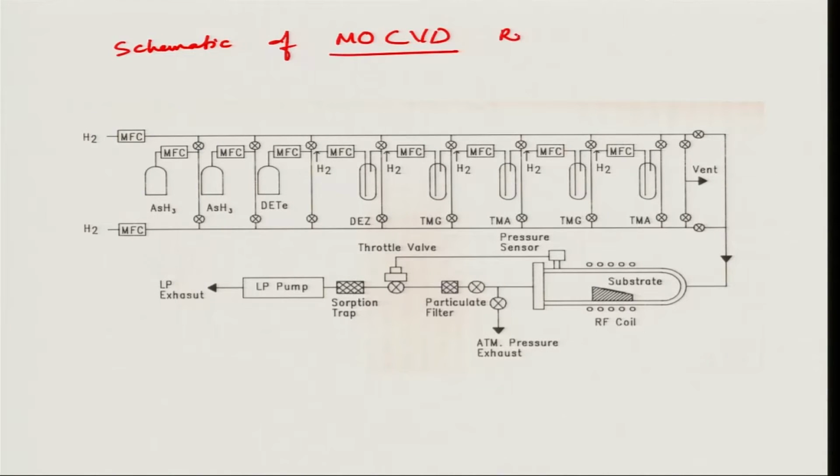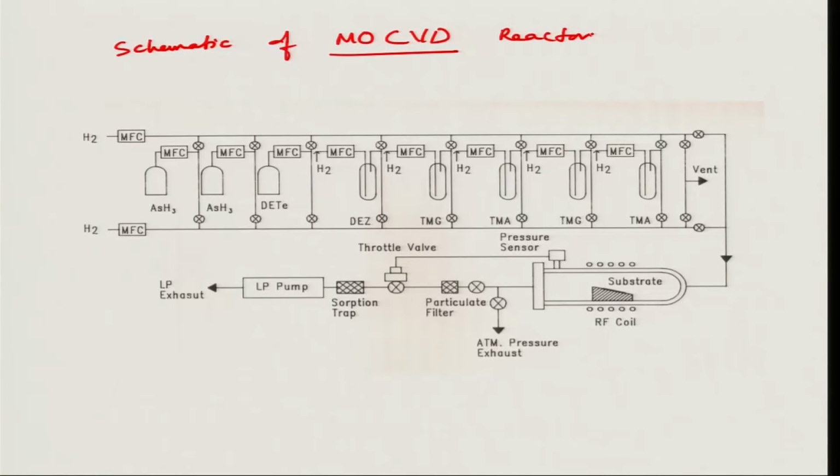Okay. And it is very highly sophisticated because it is used for thin film epitaxial growths. Okay. I will explain this term epitaxy in a bit, but first let us have a look at this. This is my reactor, and this is all the gas flow control.